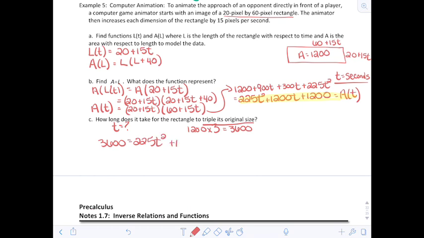225t squared, plus 1200t, plus 1200. It's a quadratic, so I want to set it equal to 0. I'm going to subtract my 3600.